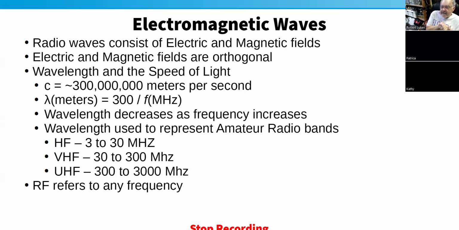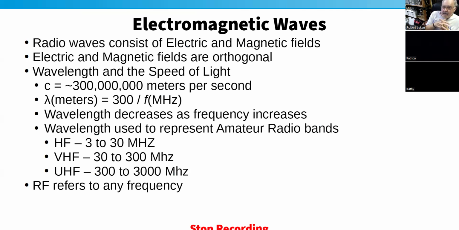We talked about wavelength and the speed of light. You need to remember that the speed of light is approximately 300 million meters per second in free space. And the wavelength is how far a wave travels in one cycle. In other words, going from 0, positive, 0, negative, back to 0.